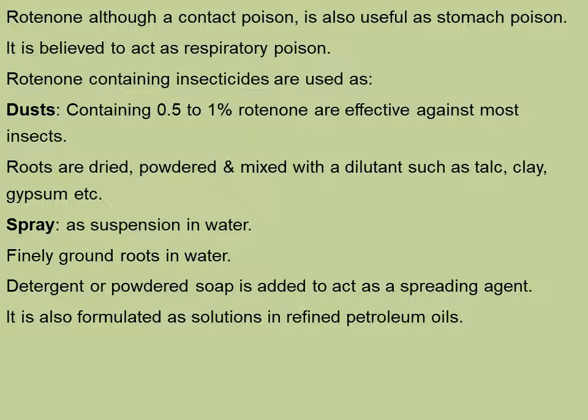As I've already told you, this is the method we employ for any chemical insecticides; these are formulations, and formulations usually comprise the toxic substance and a carrier or a diluent. When rotenone is applied as a dust, it comprises only 0.5 to 1% of the toxic substance, rotenone, and the rest is the diluent, which could be talc, clay, gypsum, etc. When it is applied as a spray, it is used as a suspension in water.